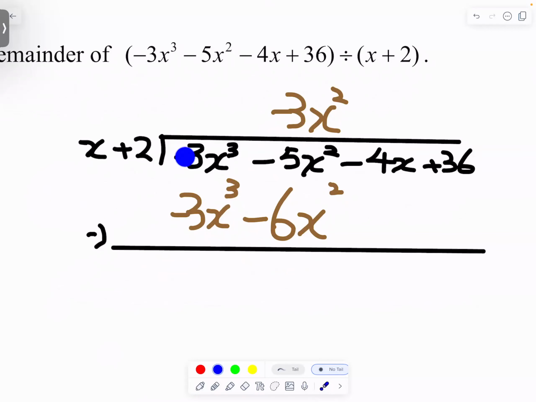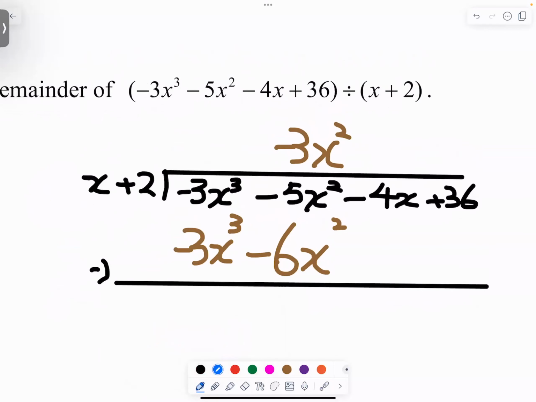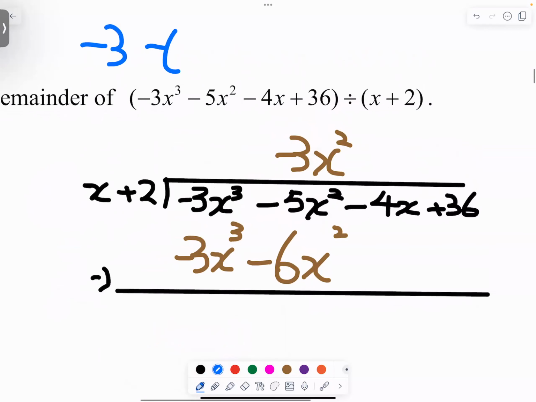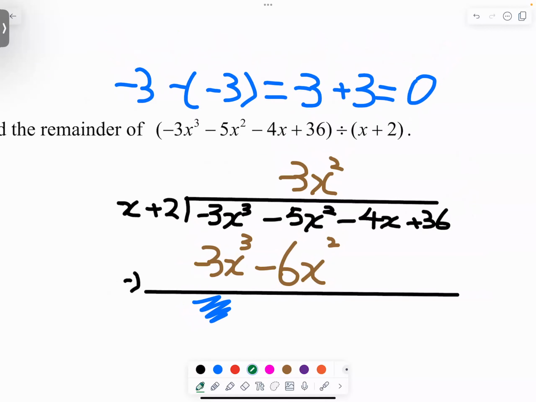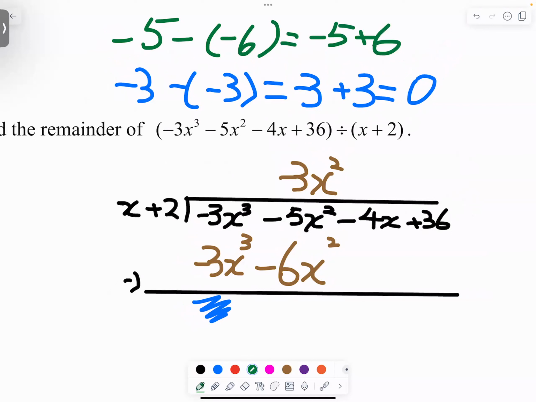So negative 3 minus negative 3, so nothing left. Negative 5 minus negative 6, we just have x squared left. The rest of the things just copy down.